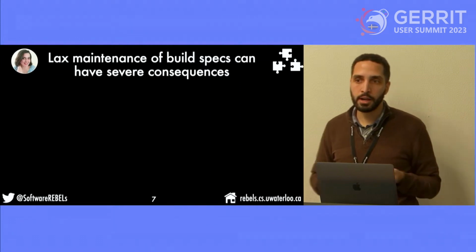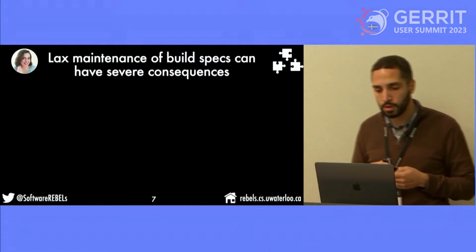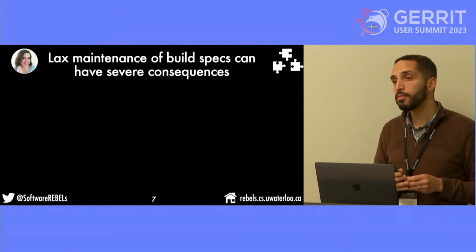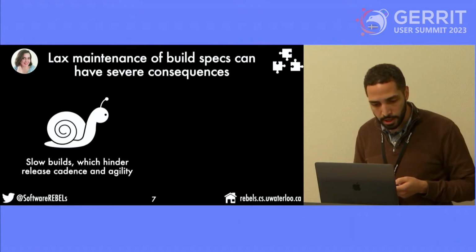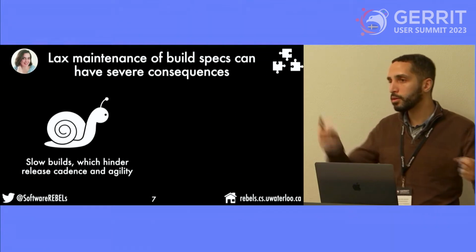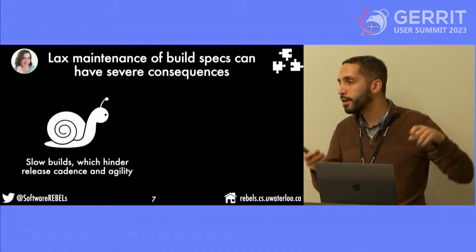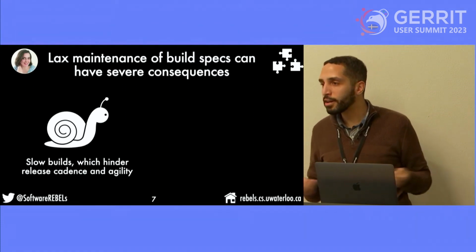And why would you care about reviewing your build specs? Well, if you don't do a good job of maintaining your build specs, all kinds of things can go wrong. Now, I should have used the XKCD comic that everybody uses about the two guys with swords fighting, and their builds are still running, right?